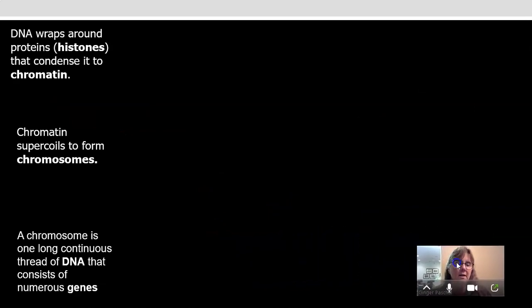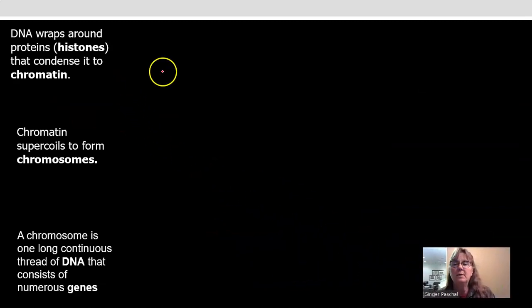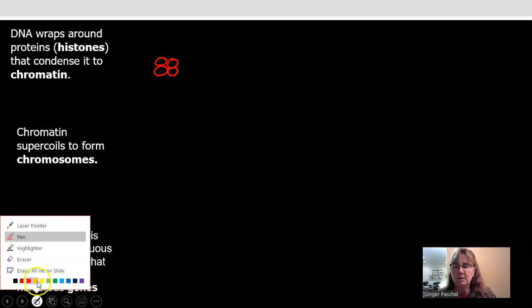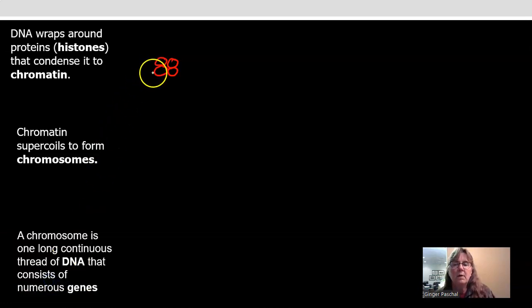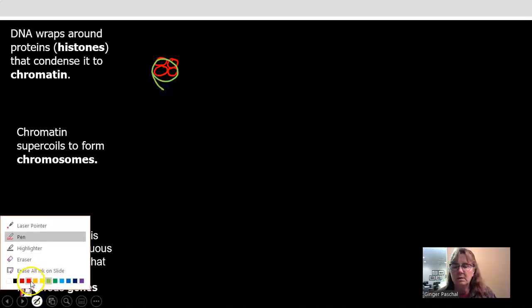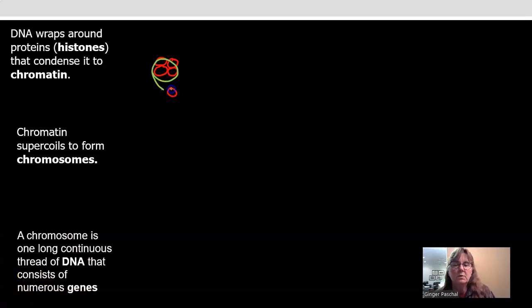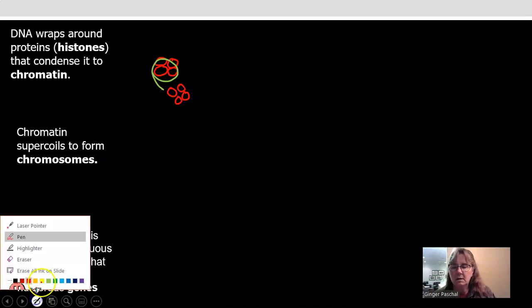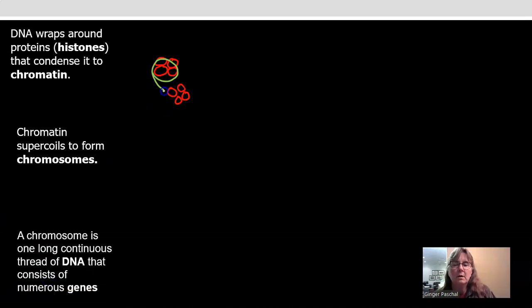DNA wraps around histone proteins. If you've got 4 histone proteins, the DNA will wrap around those histone proteins, and then you get another set of histone proteins, and the DNA will wrap around those, and so on.